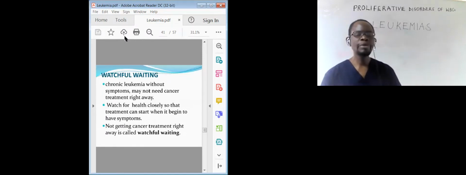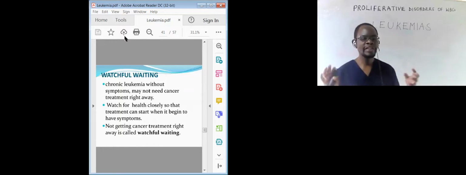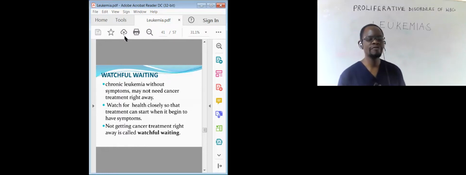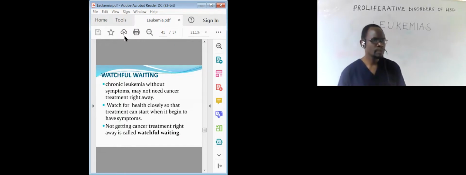Yeah. So remember, we said with the chronic leukemia, usually there are no specific signs and symptoms, or it's not very aggressive. So you might need to watch closely, especially patients who do not have signs and symptoms.